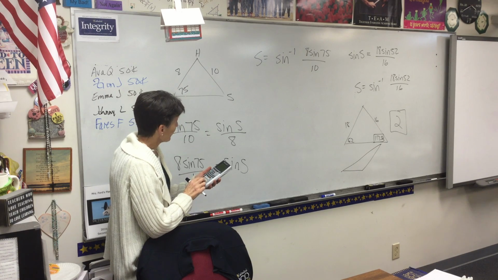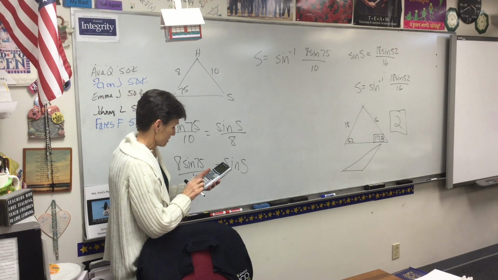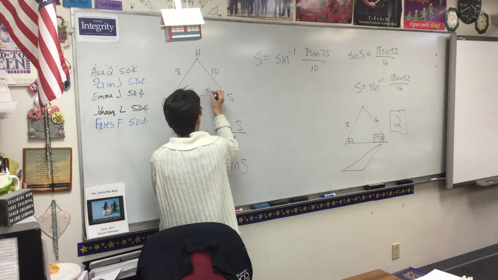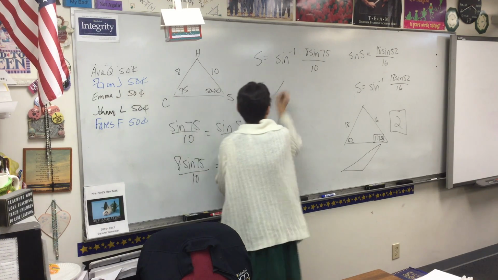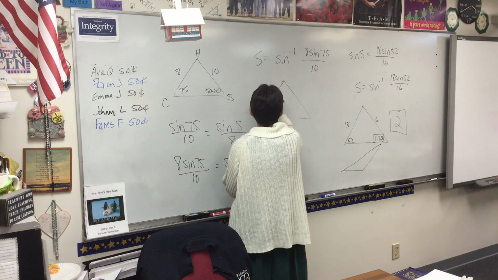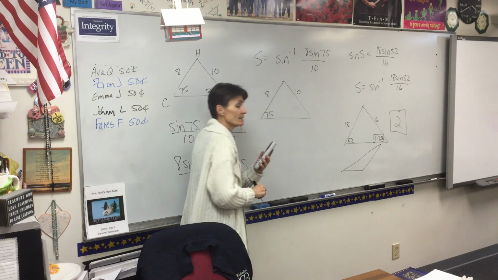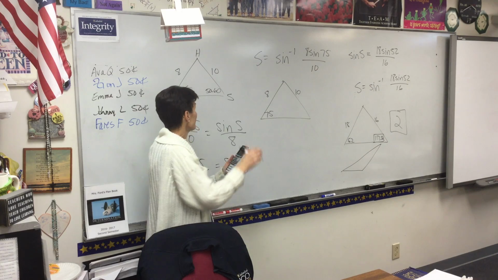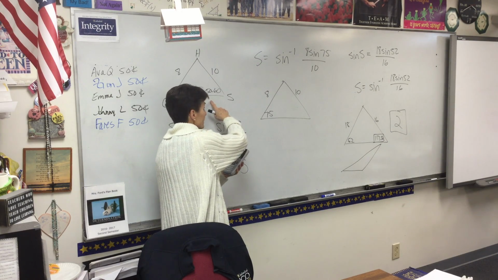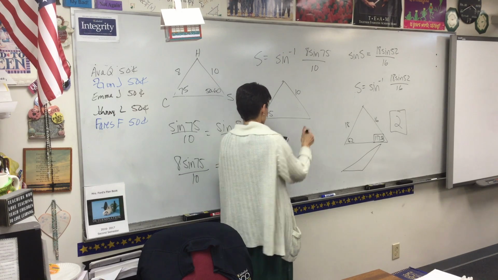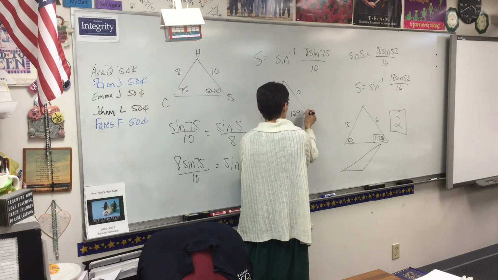You guys already got it done. I got an answer. I got 50.60. Okay, now do you remember what to do next? You have to check to see if there's another possibility. And if there is another possibility, it'll be 180 minus, so 129.40.